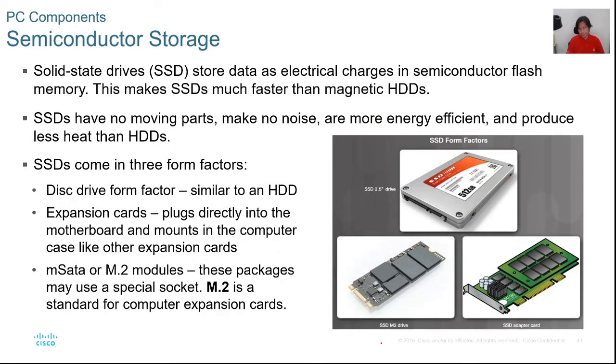Okay, so the latest one, which is very common in the market right now, is the semiconductor storage, or the solid state drive. This one stores data as electrical charges in the semiconductor flash memory, which makes SSD much faster than the magnetic disk. In the magnetic disk, we need a motor.